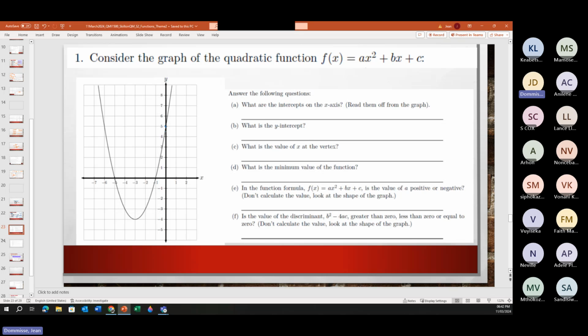So we see that that is 5. Okay, so we have a c value already there if needed later on in the questions. Then they ask us what are the intercepts of the x-axis. So the one is x minus 5. And the other one is x minus 1.